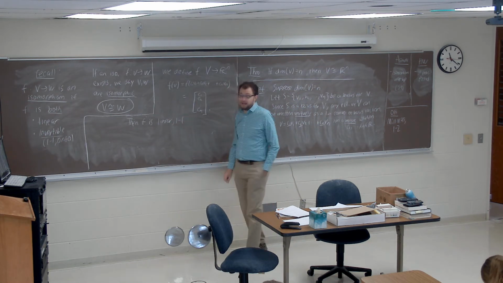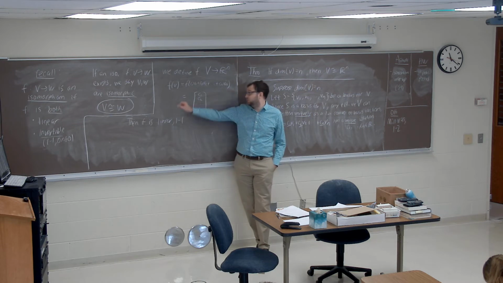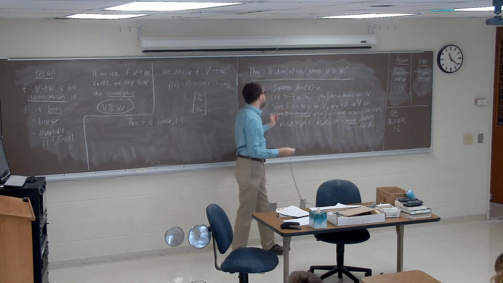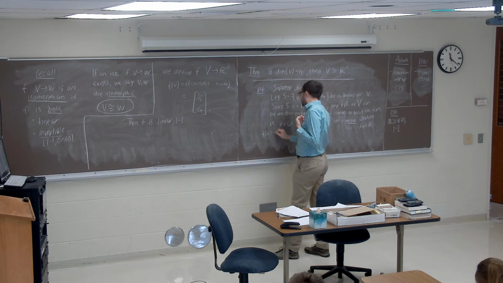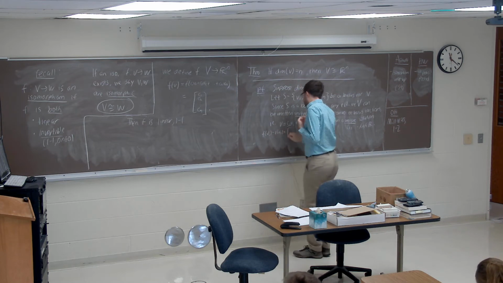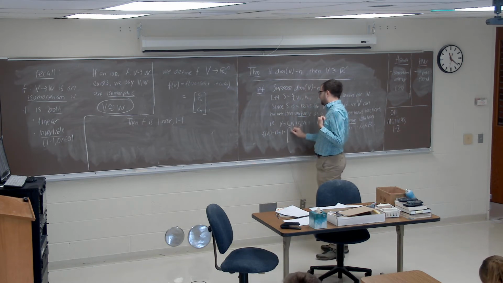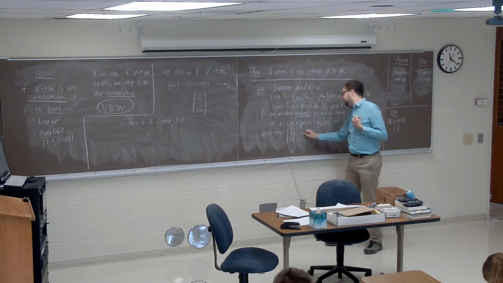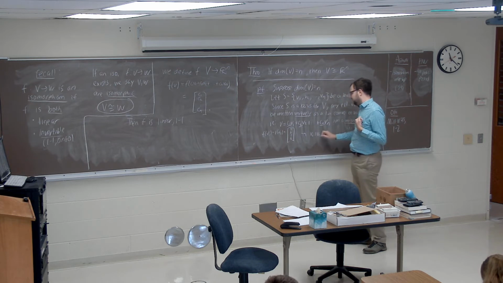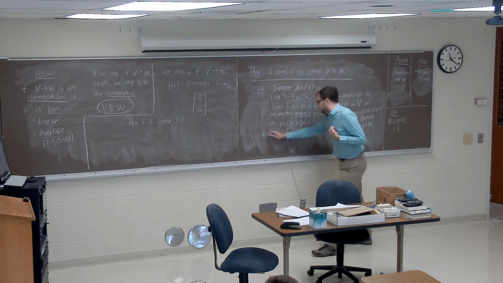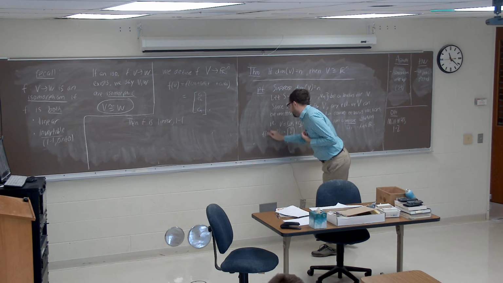It's 1-to-1. No two inputs map to the same output, mainly because of this unique way. If we had f of v1 equals f of v2 equals, say, (5, 6, 7, 8), as an example, well, let's not use v1 and v2, let's use a and b.